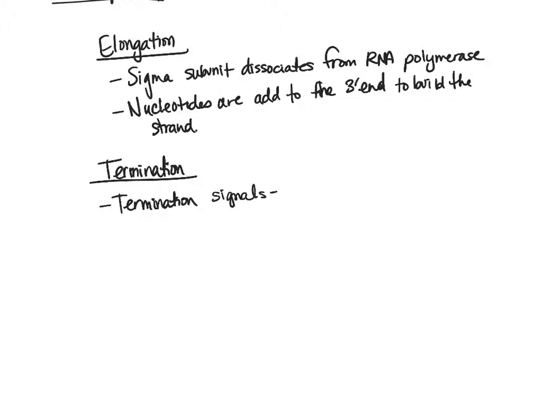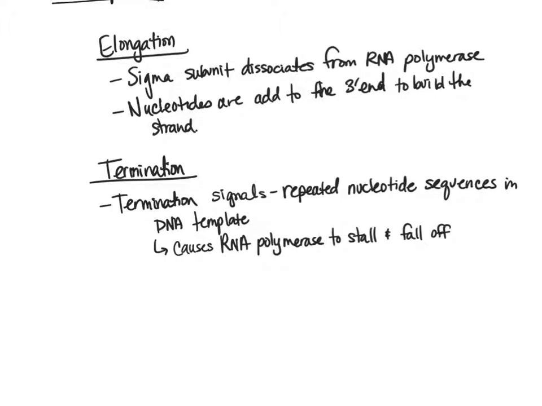It confuses it because it has so many of the same nucleotides. It kind of like loses its place and isn't sure what's happening. So then it ends up falling off. So it stalls and then it falls off. And that's how we actually end transcription in bacteria. All right, so that is our termination, our repeated sequences at the end, and then it causes it to stall and causes it to fall off.